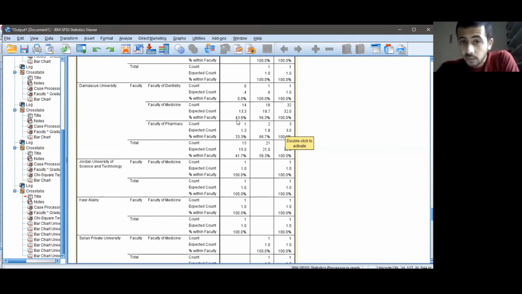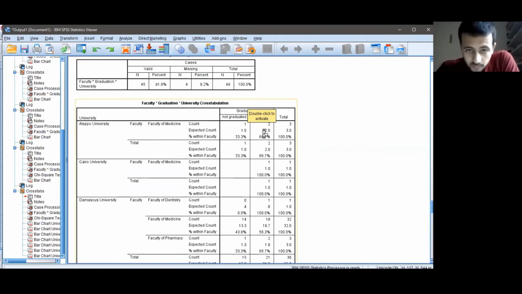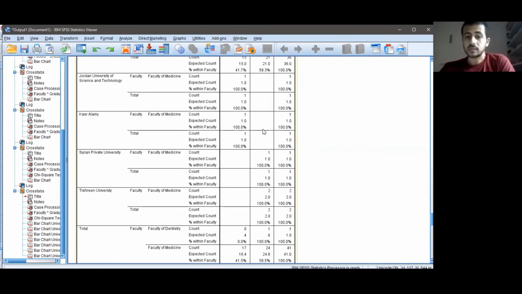For the second one is 43 and 56. The third one is also different. Okay, so here I can see a difference, but for others I don't see a difference. So I decided that I wanna exclude all other faculties and just do my test on Damascus University.